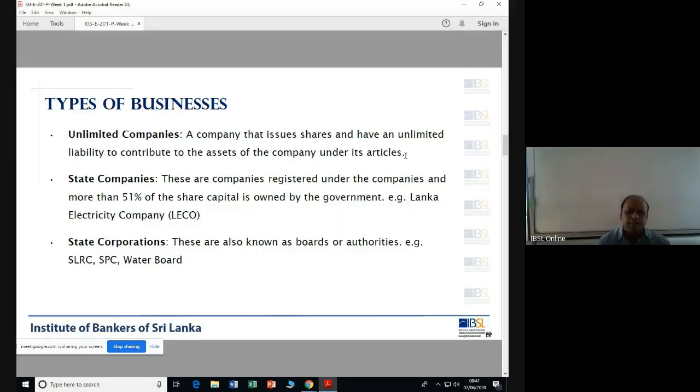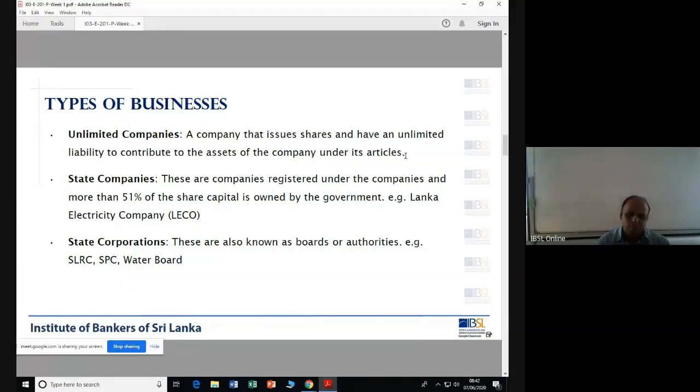The next item is what we call state companies. So what do you mean by state companies? These are companies registered under the Companies Act, and more than 51% of the share capital is owned by the government.